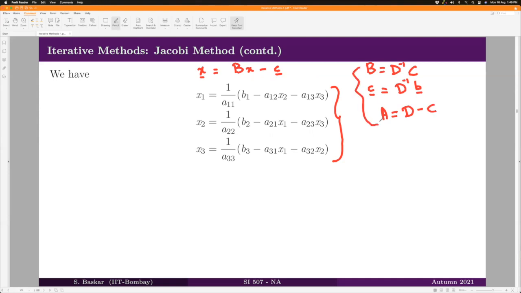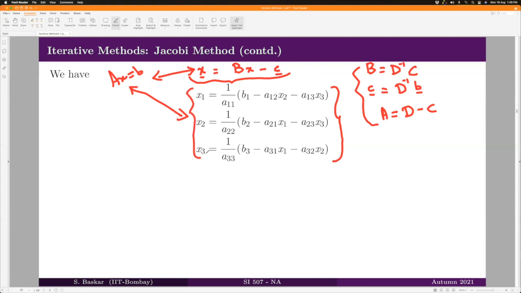These are the basic ideas out of which we have derived this formula. And this is nothing but rewriting this system. Ax equal to b is just rewritten in this form. Both are equivalent. Similarly, in 3 by 3, it is just a rewriting.